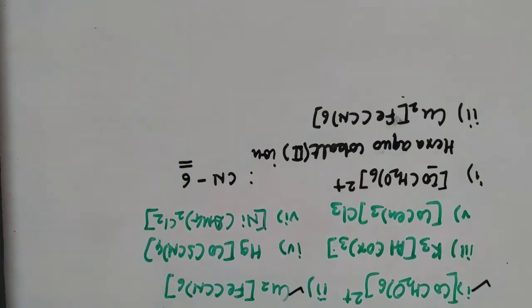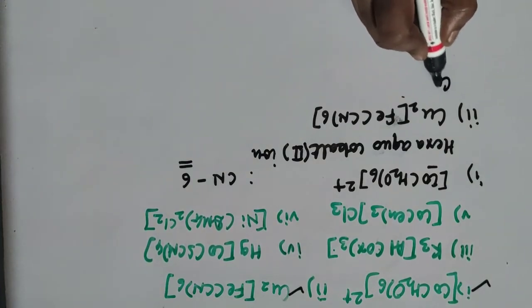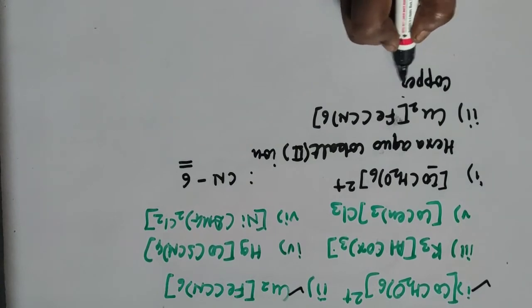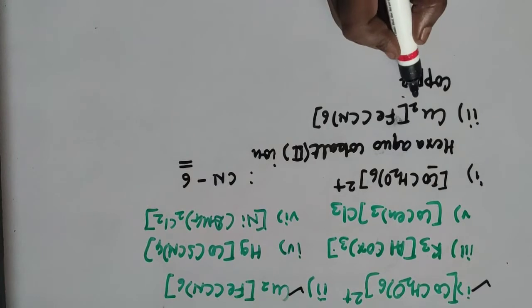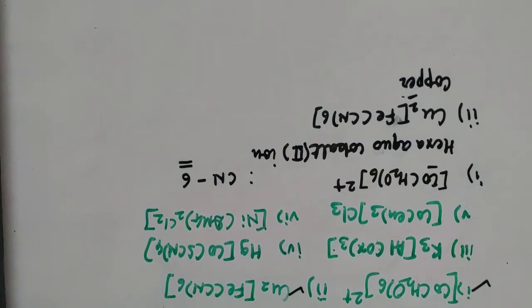In this case, first you are supposed to write the name of the metal. It is copper. No need of writing the number of the counter ion here. Just write the name of that ion, copper.